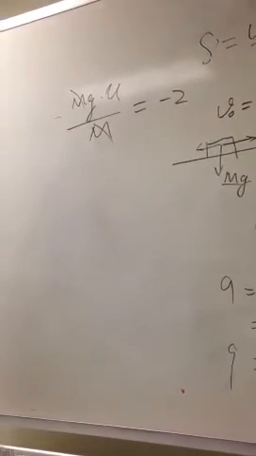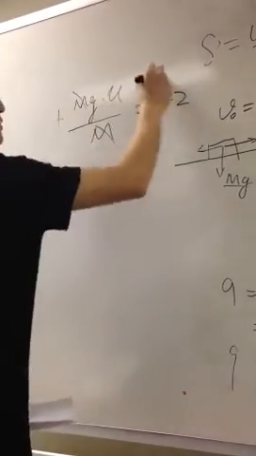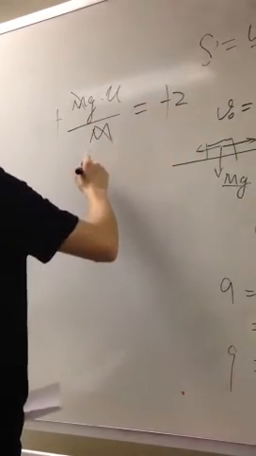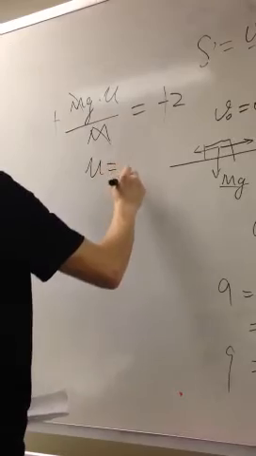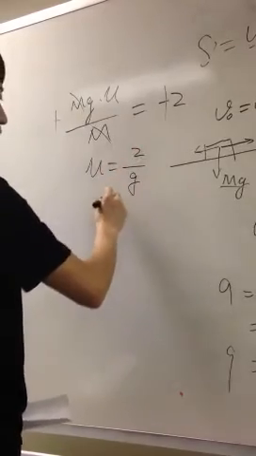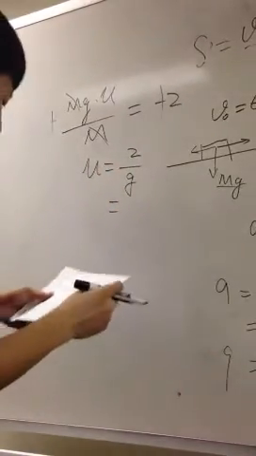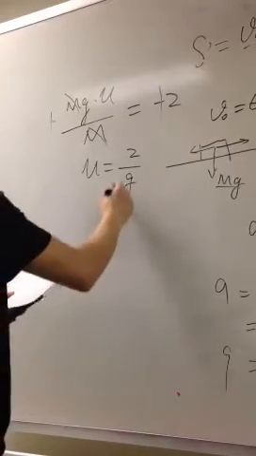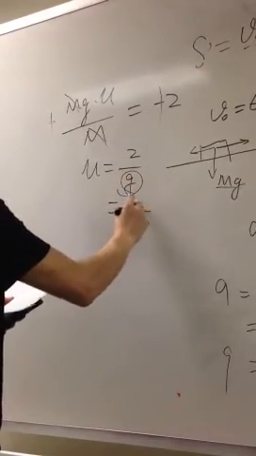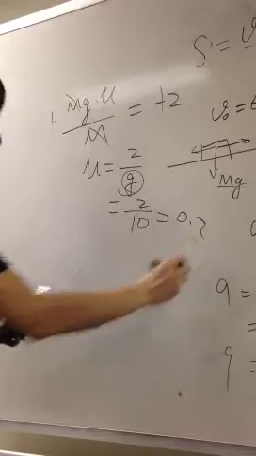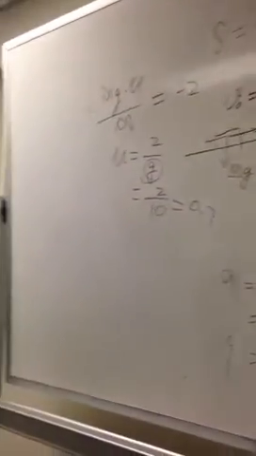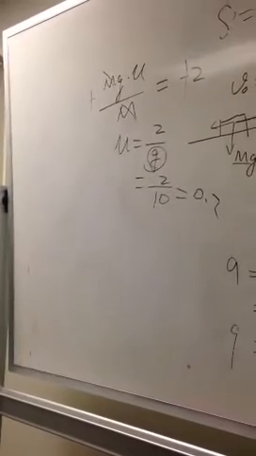Okay, it's plus negative. So if you consider g as 10, it's equal to 0.2, so A is the correct answer.